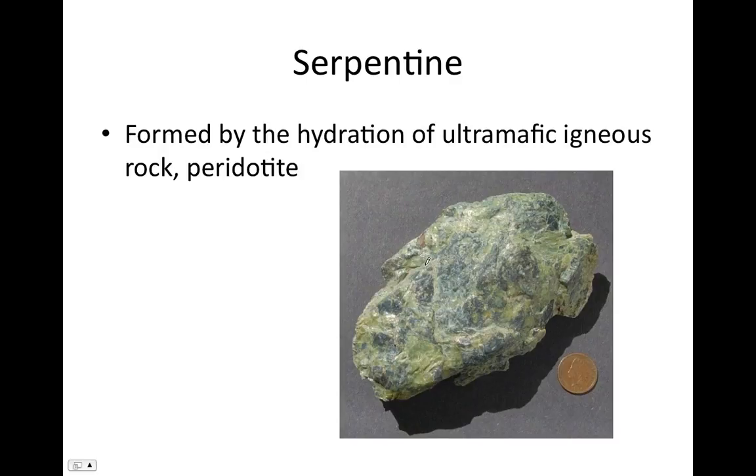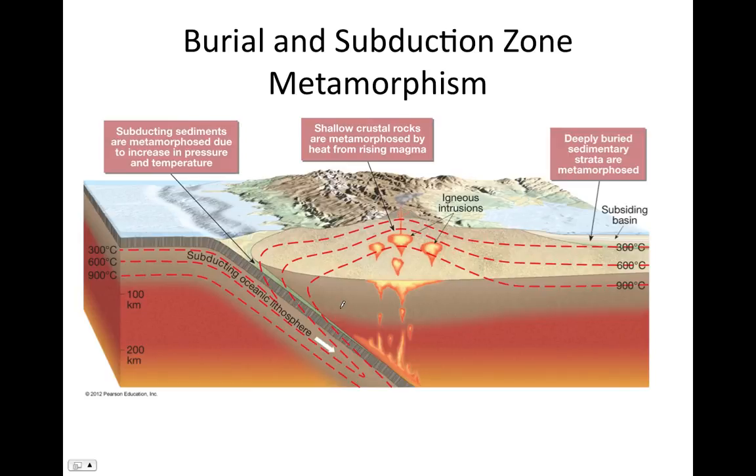It's formed whenever ultramafic igneous rock, so peridotite, is infused with a bunch of water. And so this often forms at subduction zones, where water is subducted down into the mantle by the subducting oceanic lithosphere, and that water is released into the overriding mantle rock, hydrothermally metamorphosing it.